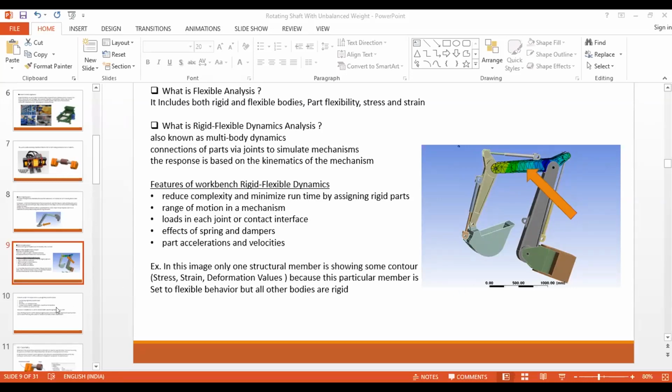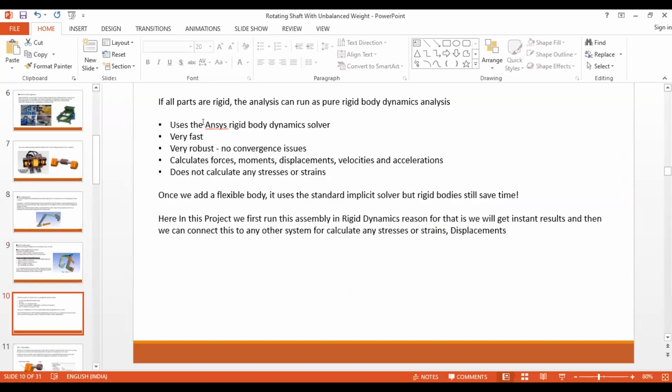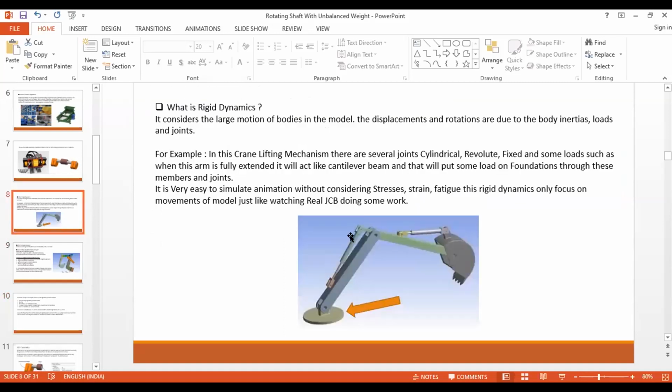In the next slide, I will talk about what if all parts are rigid, and then the analysis can run as pure rigid body dynamics analysis. As all the parts are rigid, like in this image, this will run as pure rigid dynamic analysis.